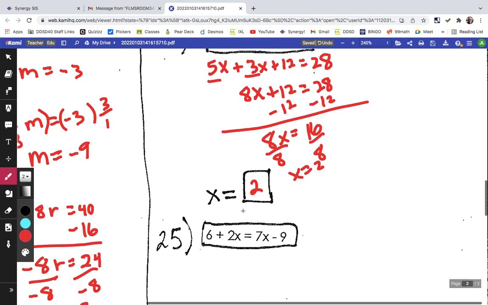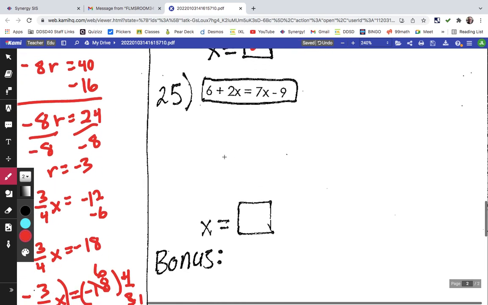For problem number 25, I have the variable on both sides, so I'm going to create a 0 by subtracting 2x. So 2x minus 2x is 0, so that means it's 6 is equal to 7x minus 2x is 5x minus 9.